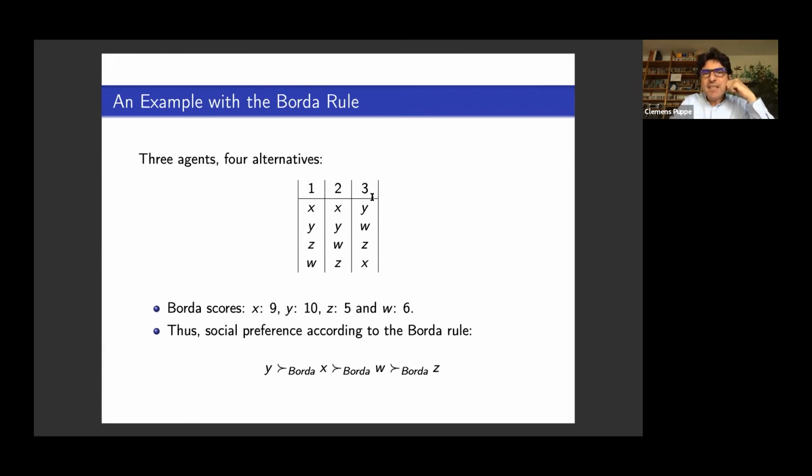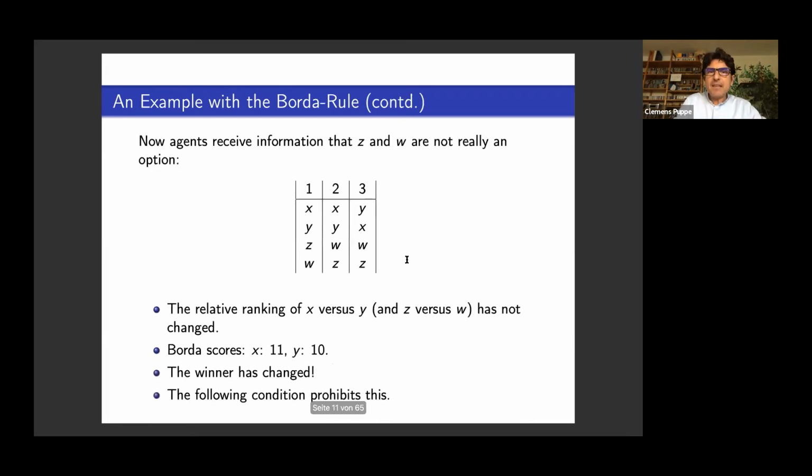So that would change 3's preference, saying that actually W and Z are the 2 bottom candidates, whereas because they cannot be elected, it's only about Y and X. Now notice that W and Z in the Borda ranking here will not be elected, right? They are the 2 worst candidates. And now the voter 3 changes her mind about the ranking of X and W, right?